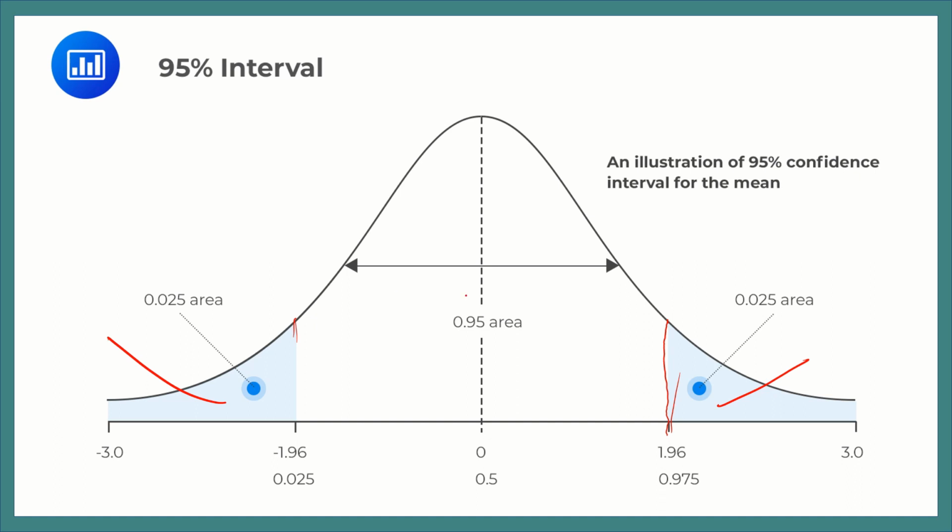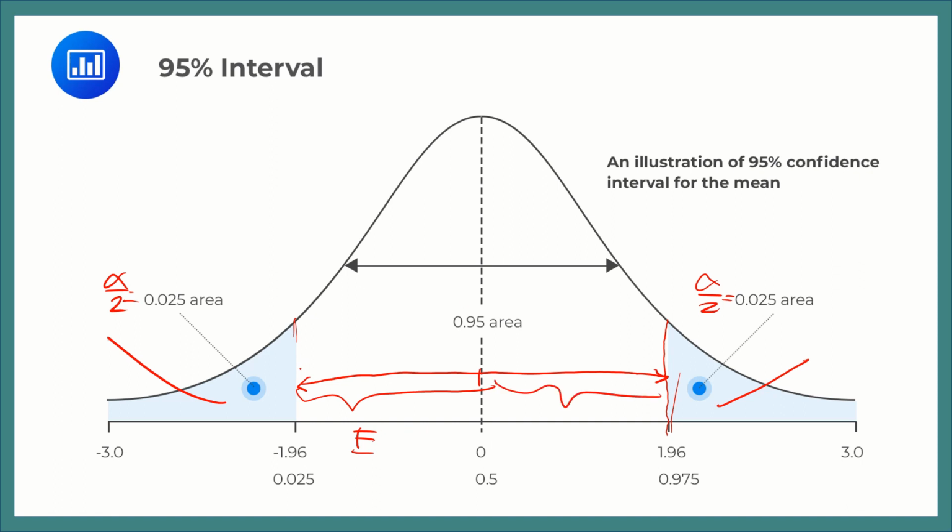So the 95% confidence interval is this region. So this is our 95% confidence interval. For our margin of error, so that you can see where the margin of error is, the margin of error is this region. This is half of our alpha. This is also half of our alpha. So this is our margin of error.